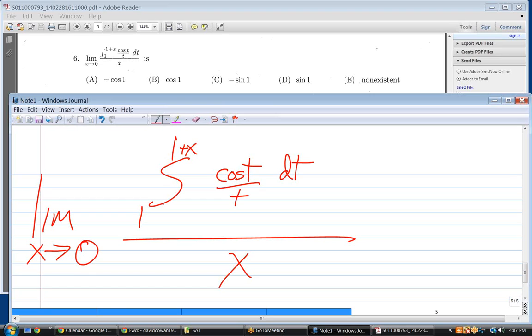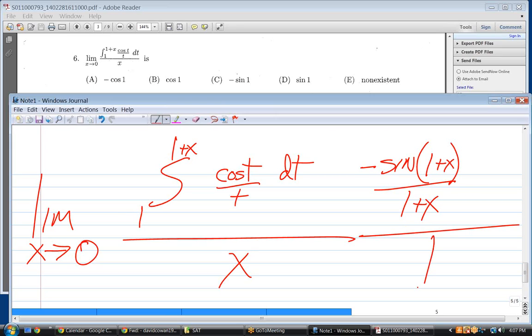So if we take the derivative of both, we get minus sine of 1 plus x over 1 plus x. Right? We take the derivative of the bottom, we get 1.